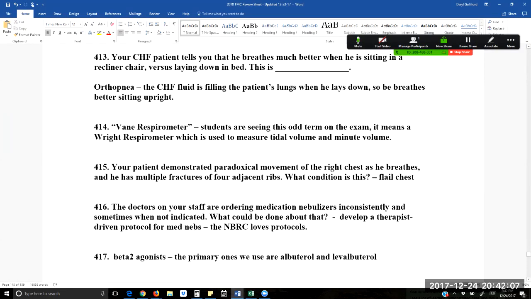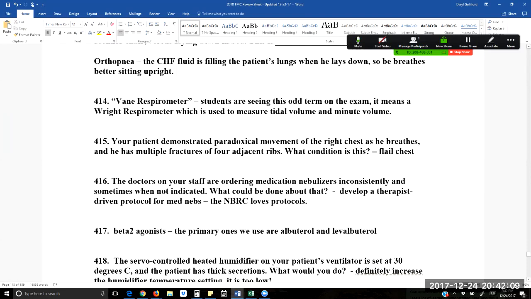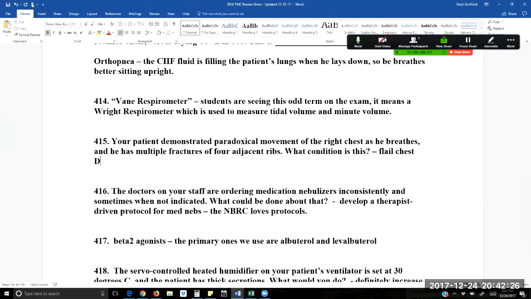415, your patient demonstrated paradoxical movement of the right chest as he breathes, multiple fractures of 4 adjacent ribs. What is that? It's flail chest. You definitely need to know the definition of flail chest, which is actually 3 or more ribs. Let's add that here.